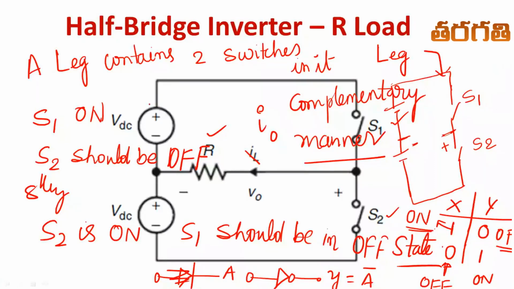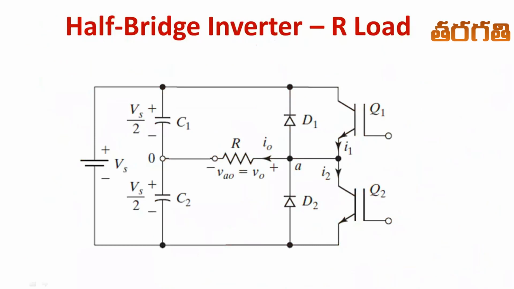Now we see how to realize the sources, VDC, and the switches. The switches S1 and S2 are realized with the help of IGBTs or MOSFETs. This was the basic circuit diagram for a half-bridge inverter with resistive load.